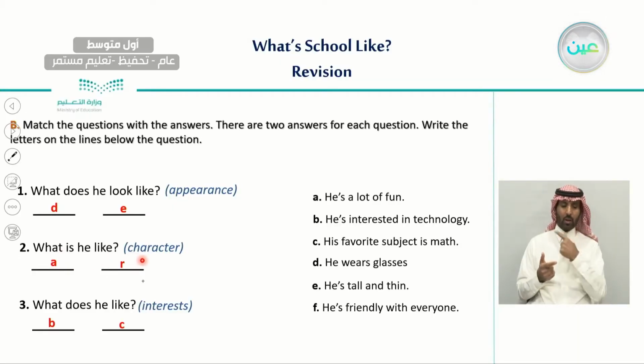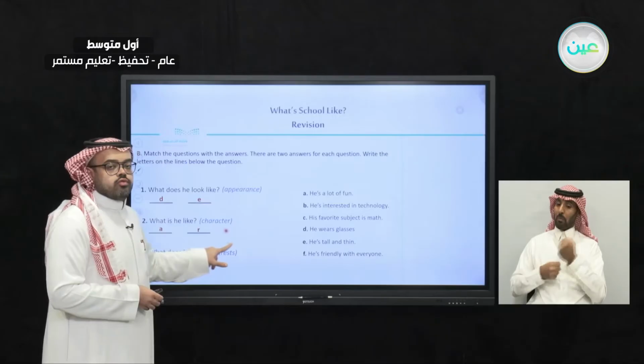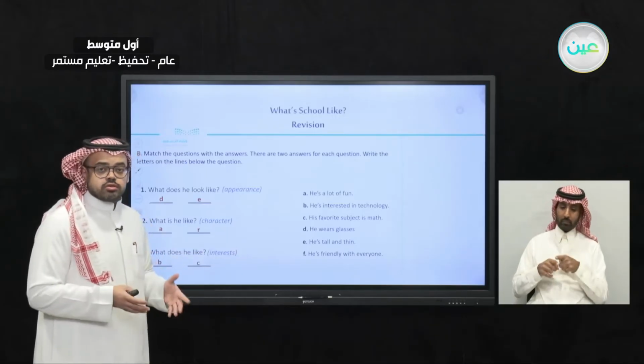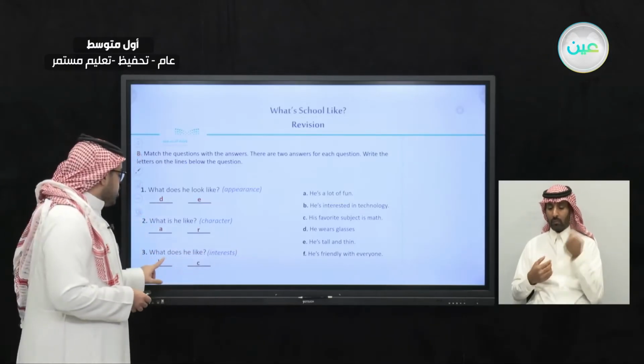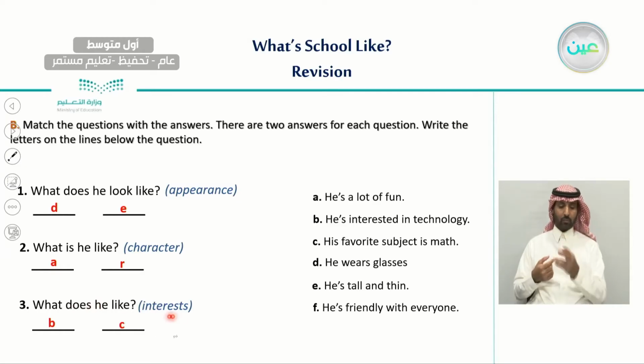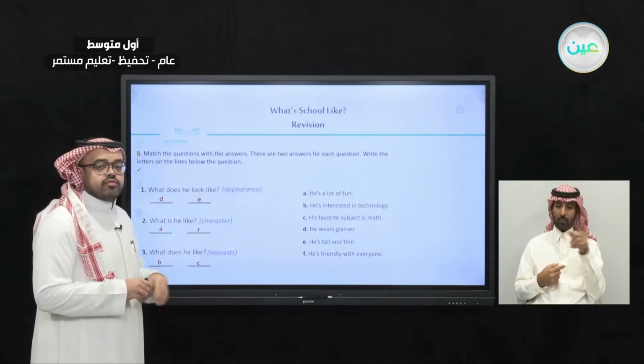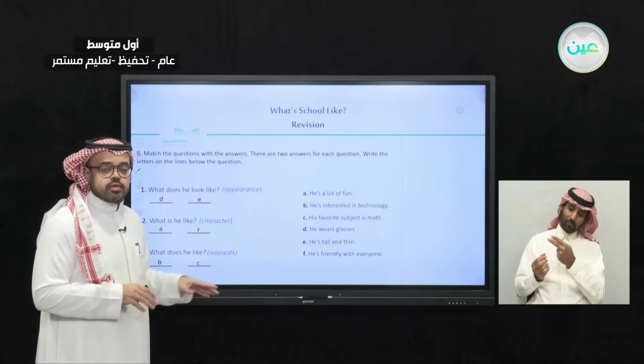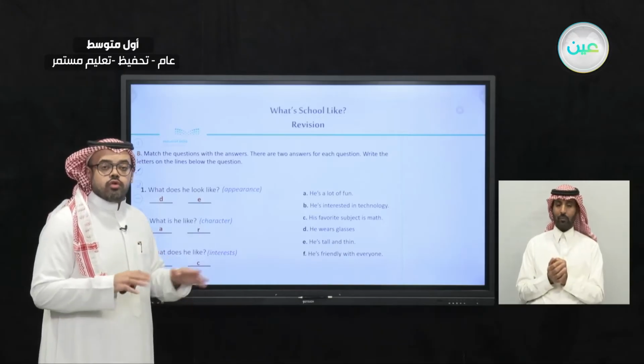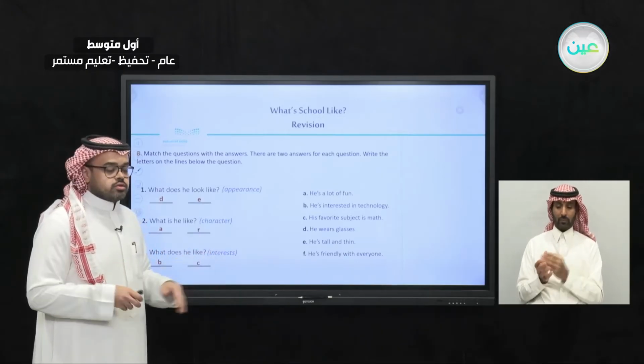This question is looking for an answer about character. And the third one, what does he like? This question is looking for an answer about interests. So all of these questions may have similar words in them, but they are all looking for something different.